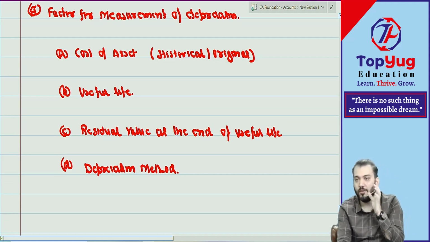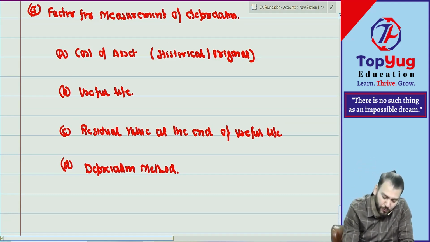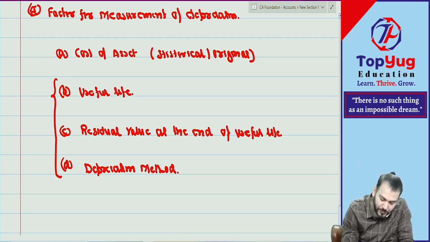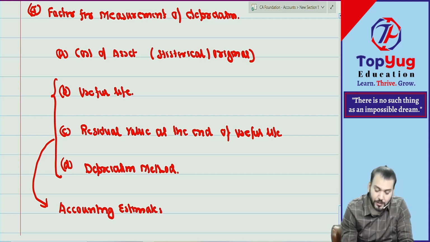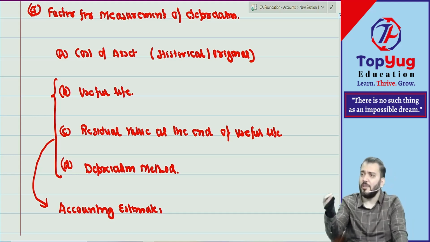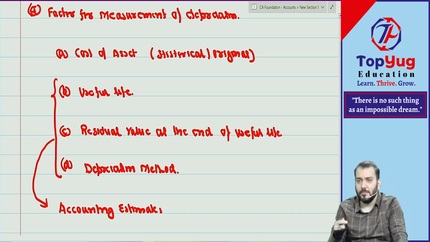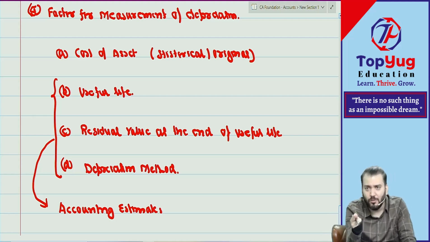Out of these four factors, B, C and D are actually known as accounting estimates. Accounting estimate means, can I say we don't know the actual life of the asset? At the beginning we don't know the actual life. Right now I don't know what your actual life is.